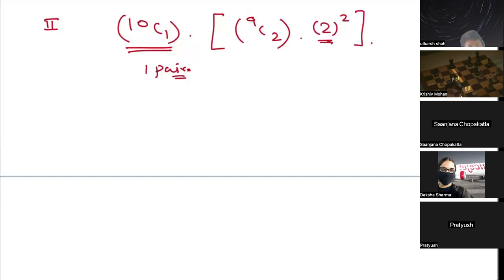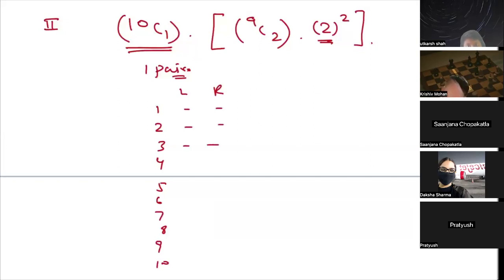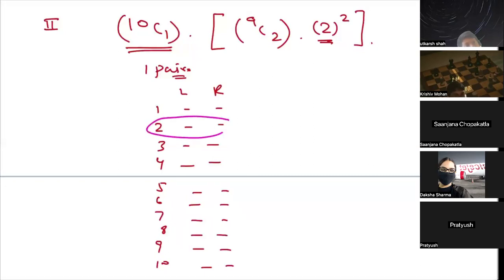See this carefully. Left and right. What I'm saying is I have to go through one of the pairs, that's 10C1. Already selected this. Now I have 9 pairs. Out of these 9 pairs, I'm selecting 2.